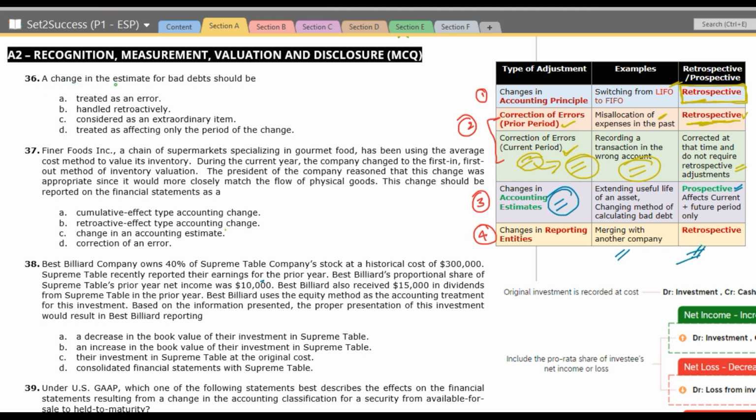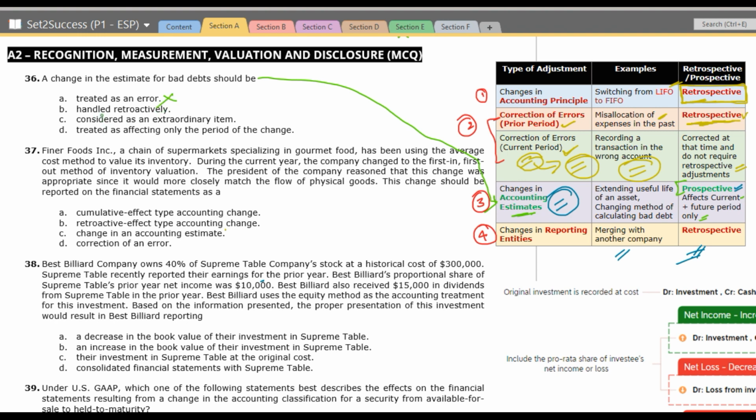A change in the estimate for bad debt should be. So here, a change in estimate. A change in accounting estimate is done prospectively, which affects the current period plus future periods only. Let us see the options. Treated as an error? A change in an accounting estimate is not treated as an error.